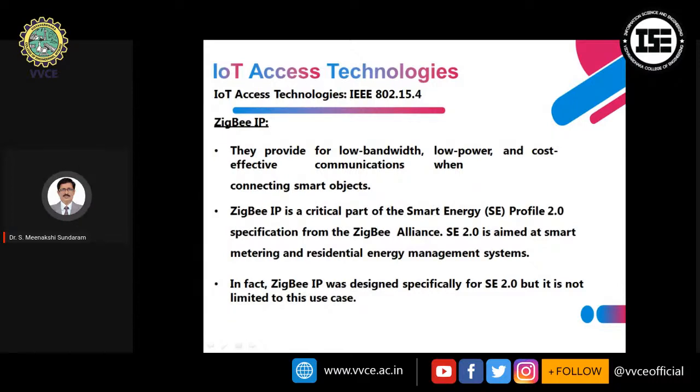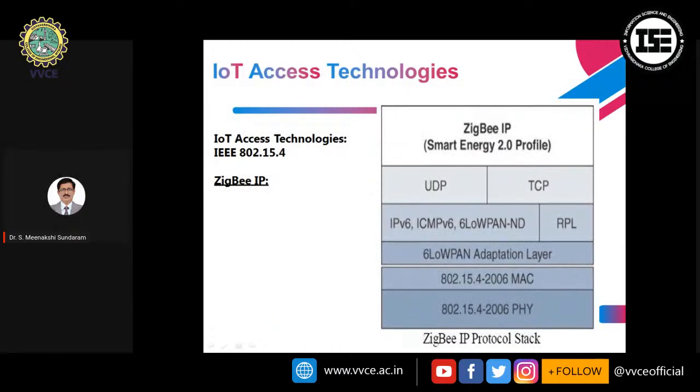ZigBee IP is a critical part of the Smart Energy Profile 2.0 specification from the ZigBee Alliance. SE 2.0 is aimed at smart metering and residential energy management systems. ZigBee IP was designed specifically for SE 2.0, but it is not limited to this use case.